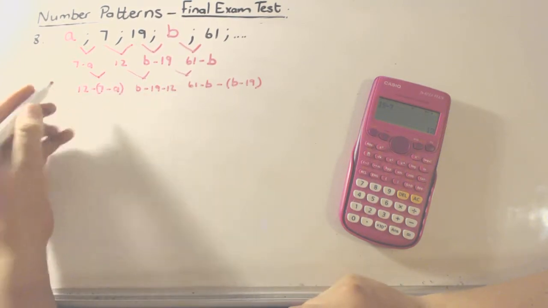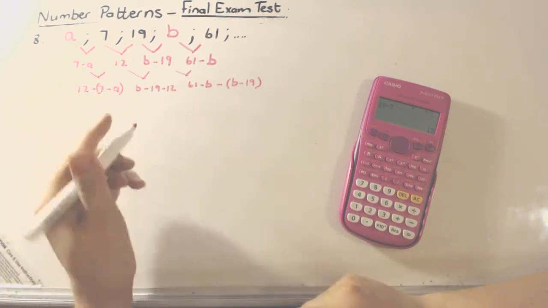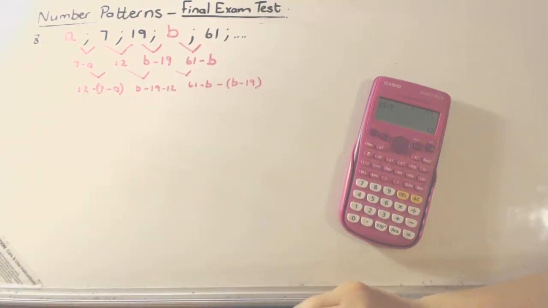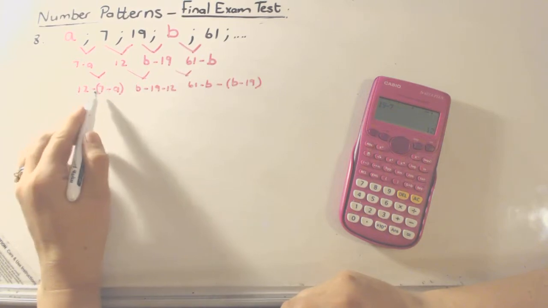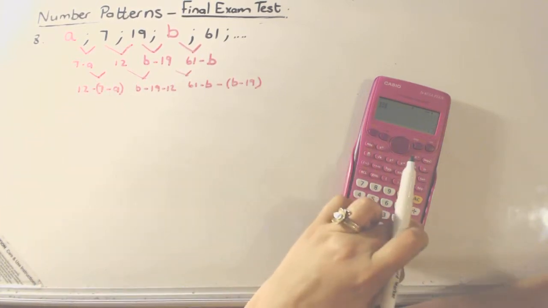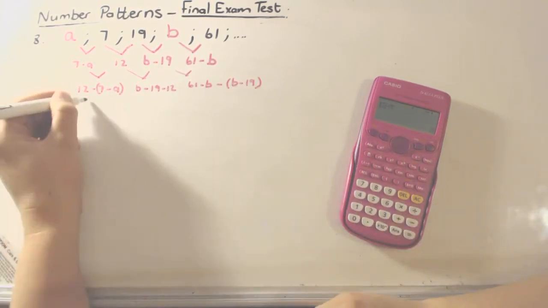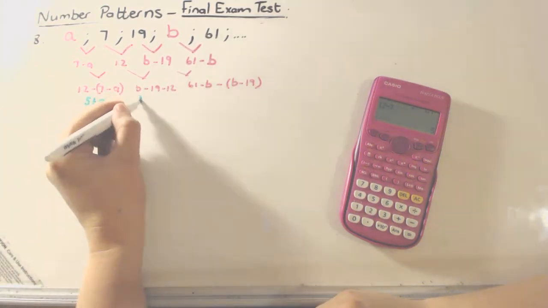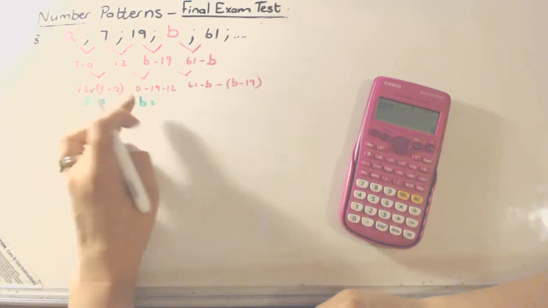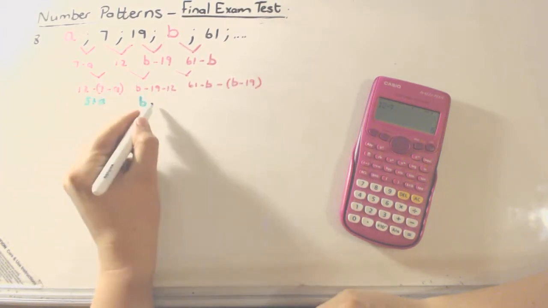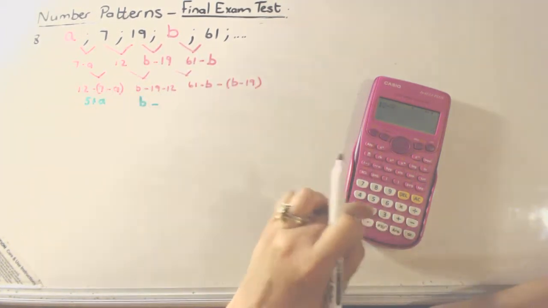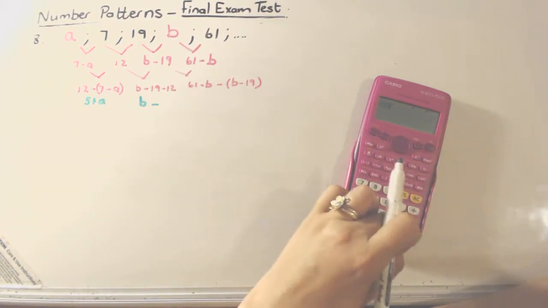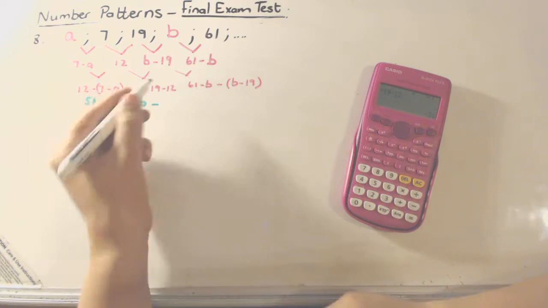So let's quickly see b minus 19 minus 12. Let me just simplify this a little bit. This is 12 minus 7, which is 5 plus a, actually, and b minus 19 minus 12 is b minus 31.